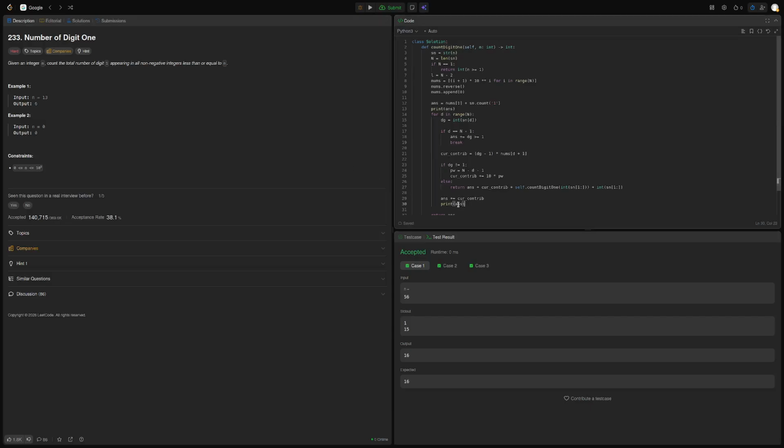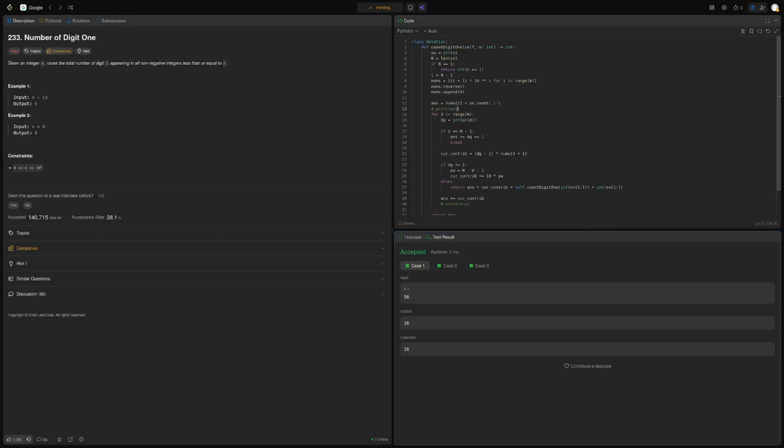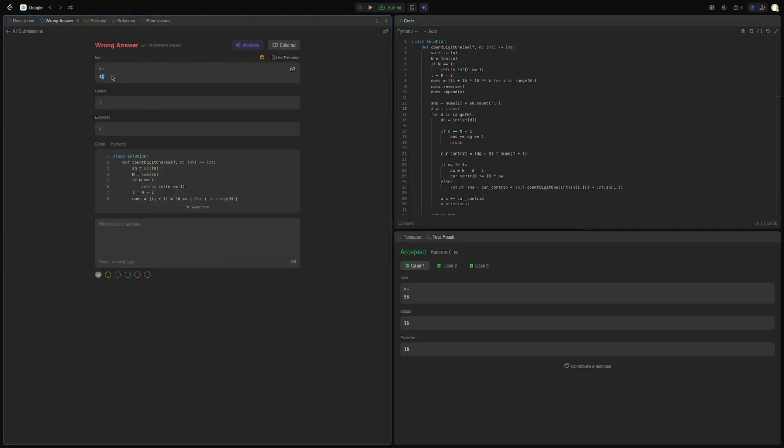Okay, so something, we have something. I mean, this is absolute dog water shit. For 11 we output too much. Okay, that sucks.